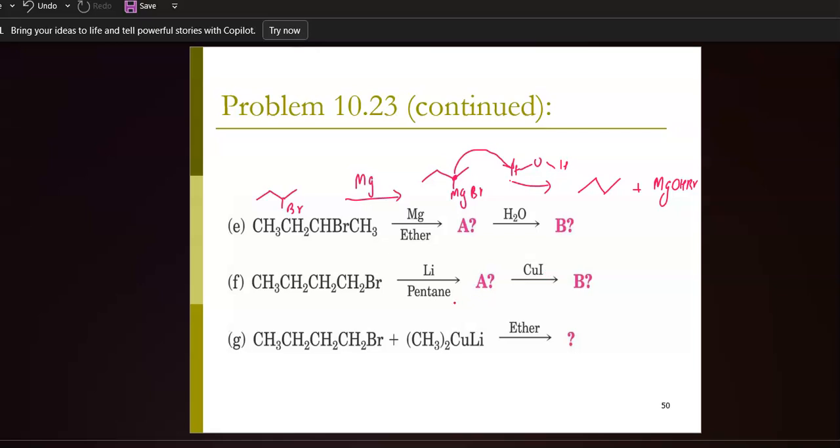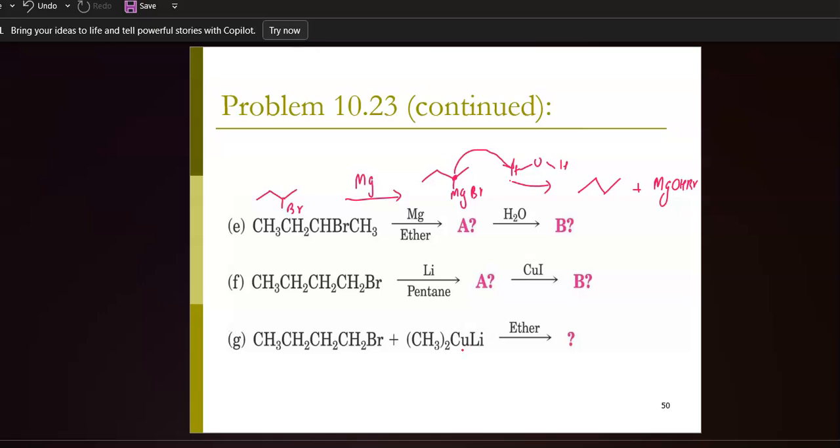Next reaction, it's a Gilman's reagent that's being prepared. So the first step would be where you have the lithium, or the organolithium compound, and then finally you form the Gilman's reagent.